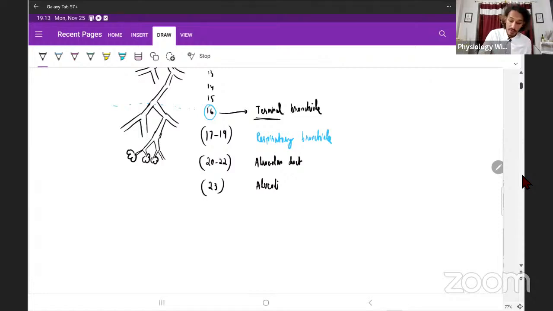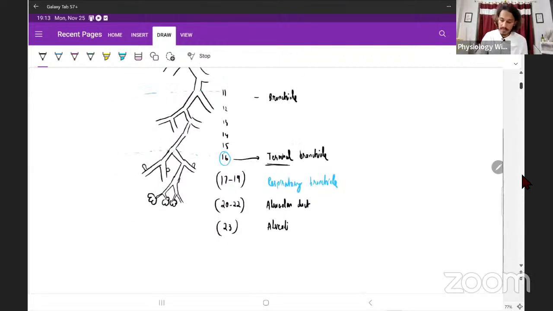Now the thing you have to understand is this alveoli can start appearing from the point of respiratory bronchiole. Small budding of alveoli can be present from the level of respiratory bronchiole.